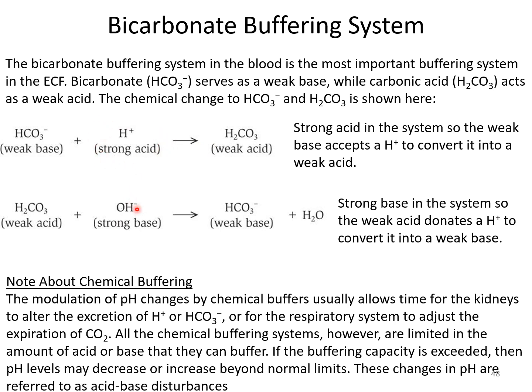If it becomes pretty alkaline, you've got carbonic acid, H2CO3, it can donate one of these hydrogen ions over here to form bicarbonate and water, and again, neutralizing it. Okay, so they all work the same way. Each one of the chemical buffering systems is made up of a weak base and a weak acid, where the weak base can take on a hydrogen to neutralize it, the weak acid can donate a hydrogen to neutralize it.